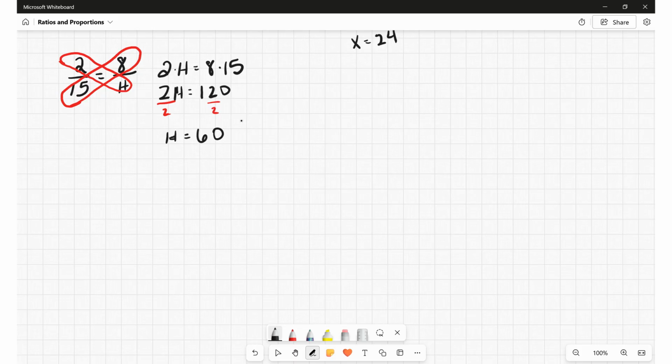So let's take a look at another example. So we're told that for some printing job, we know that the paper weighs 12 pounds per 5,000 sheets.